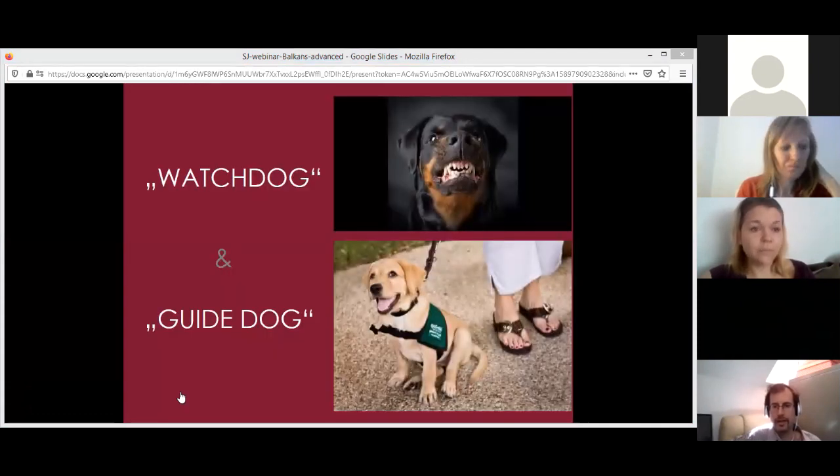So just to put this into the larger philosophy or approach of journalism, we're all used to the watchdog role, investigative journalists, other types of journalists who are keeping an eye on what the authorities are doing, what other sectors of society are doing. With solutions journalism, we're talking about a transition to also assume the role of guide dog.